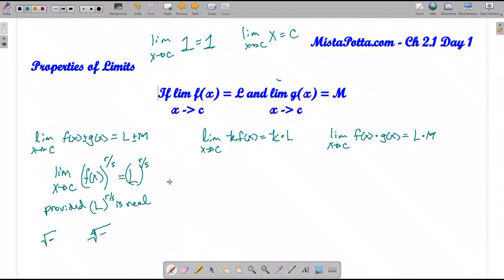And similarly, I can easily multiply two functions. I do have to be careful, though, when I'm dividing two functions.